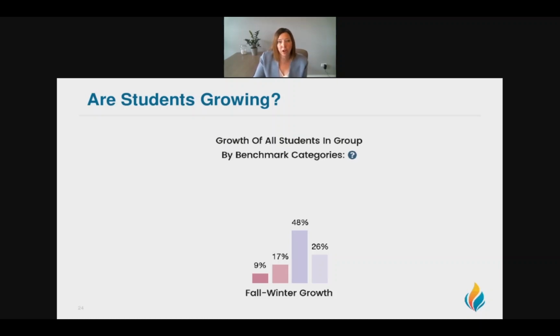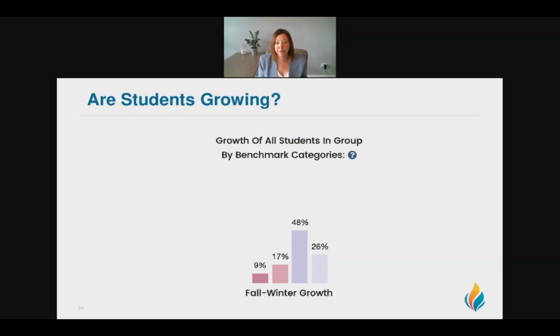We want to focus our attention then on identifying those instructional strategies and those groups that are making really great growth, and continue to build upon that and expand those strategies to other classrooms and other grade levels.